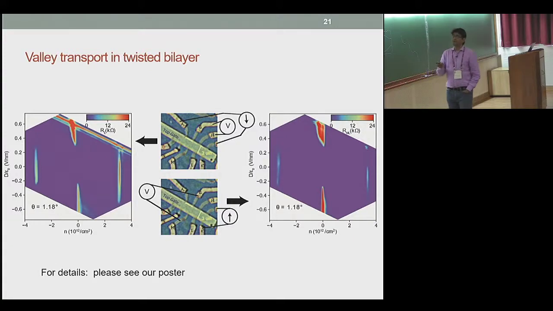We have been using Valley transport, with a non-local device geometry, to measure the diffusion of the Valley current as a function of space. I don't have a whole lot of time to discuss this, but this is primarily an advertisement for a poster out there. So if you're curious, you can come and talk to me or talk to Subhajit and Pratap. You'll learn more by talking to them.